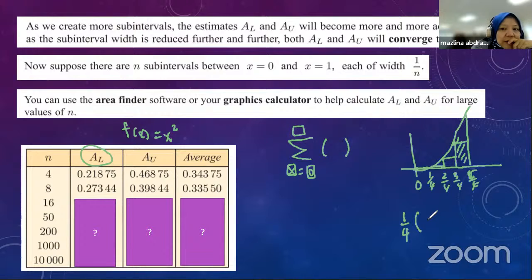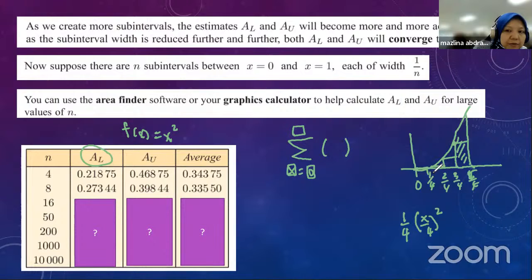Okay, so we have x over 4 square. Right, our y just now. Okay, so kita punya x ni class, we want to see here, this is 1/4, 2/4, 3/4, 4/4. So kita nak tengok sum dia.